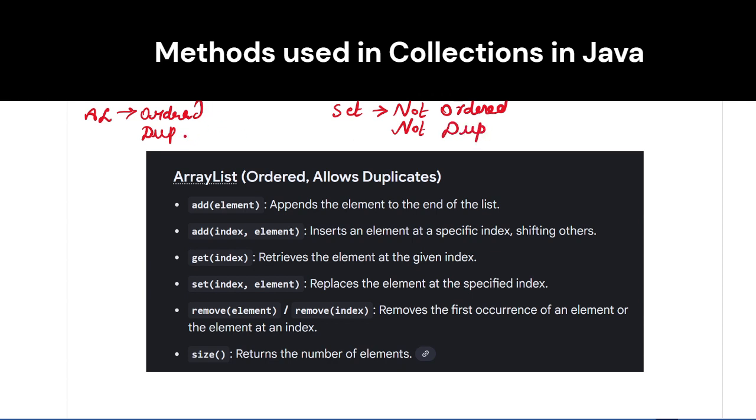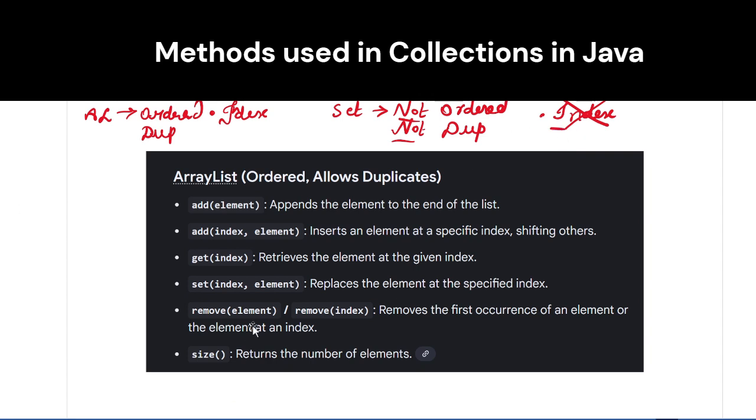And because it is ordered, it will have something known as index. And here we would not have the concept of index. So everything related to the set is in the negative. It's not ordered, it's not duplicate, and it does not have an index.